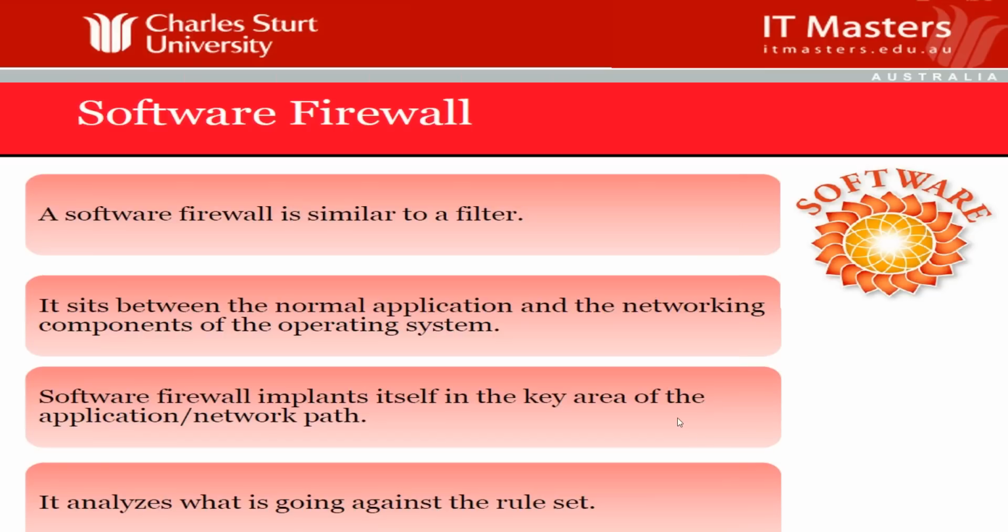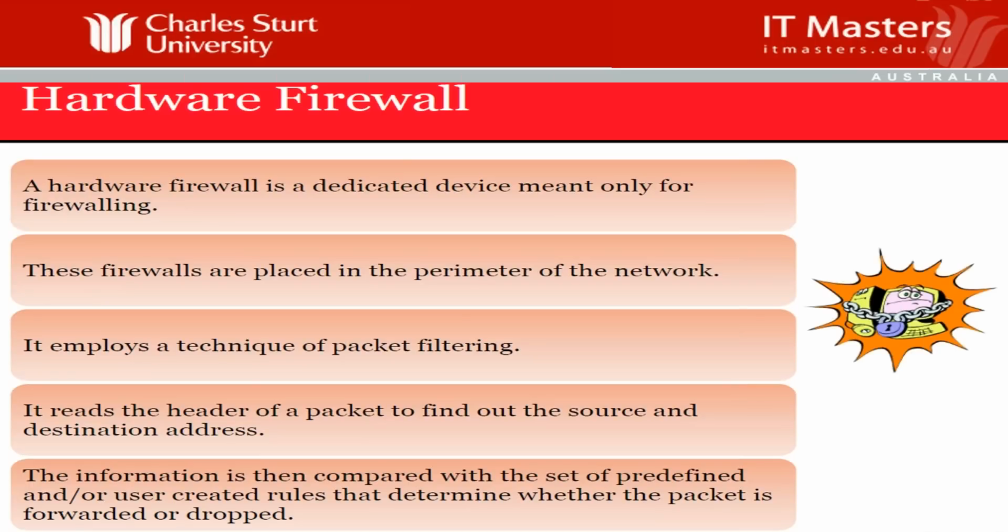Then there is also the hardware firewall, such as Sophos again, or Cisco. The difference is that it is a dedicated resource placed at the perimeter of the network, and it will filter the traffic based on the settings.